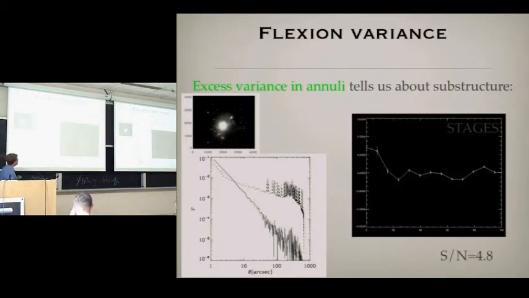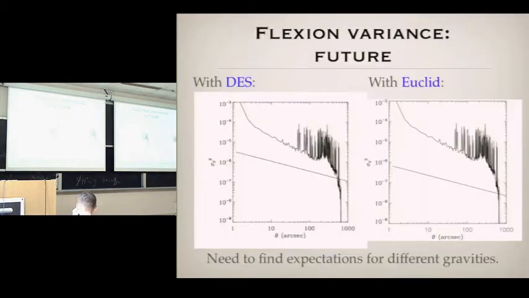We've tried this out on the STAGES data, and we are already seeing below 20 arcseconds an interesting excess variance in these bins, which may indeed be the first example of this, but this needs some more work. If this holds up, then it'll be an interesting way of looking at substructure around galaxies.